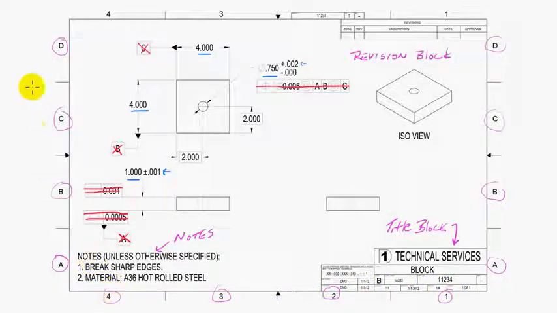Okay. And what these are, it's like Battleship, right? The old game Battleship. If I wanted to describe an object on the telephone, if I was talking to an engineer, or if I was writing an email and I had a question about a certain part of the drawing, particularly on a large drawing, let's say I had a question about this letter C in the box with the red X through it, right? To quickly communicate where on the drawing I was talking about, I could refer to what we call a zone, right?